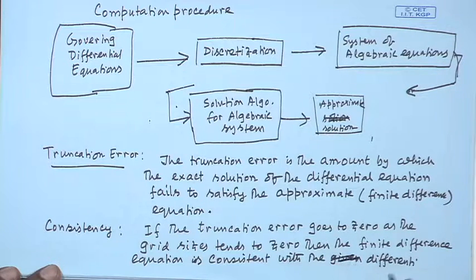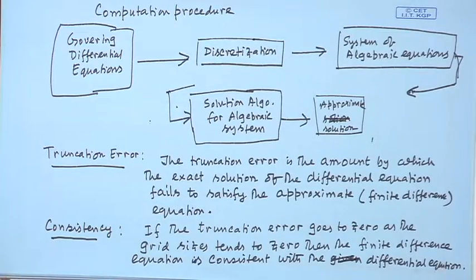Corresponding to that equation we get the approximate equation. If the truncation error does not go to 0, if it is some constant value, then this is not consistent. So, consistency is very important.